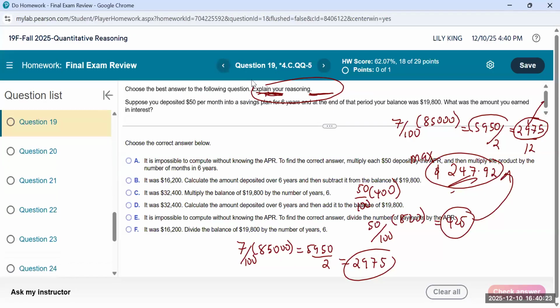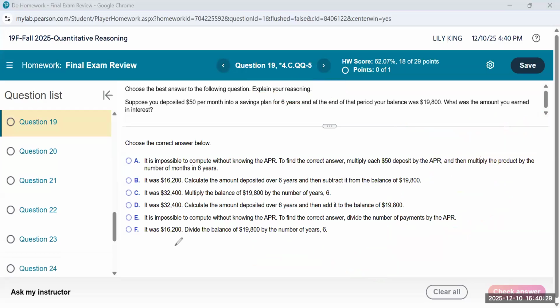Question 19. Suppose you deposited $50 per month into a savings plan. So your personal contribution is 50 times 12 times 6, which is 3,600. And then you have the FV value to be 19,800. That's your balance.